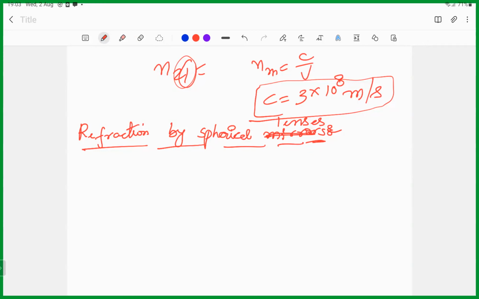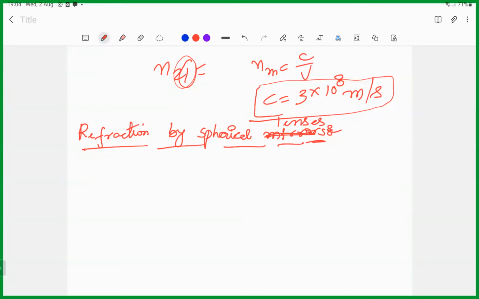Then we can see how the refraction happens. Try looking for the glass slab, and if you find it, bring it. Next class means next Wednesday. Just try for it, not a compulsion. If you find it, then we can see the reality of how refraction happens, and that will be interesting to see.